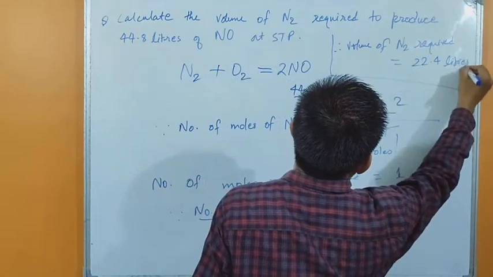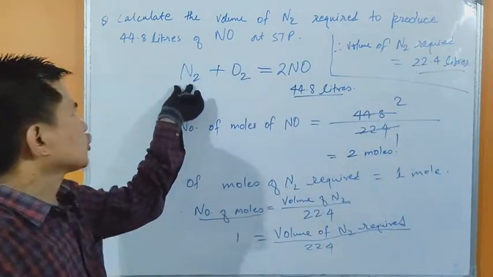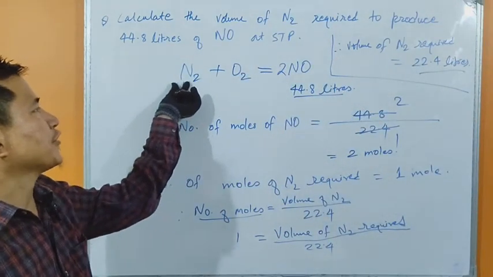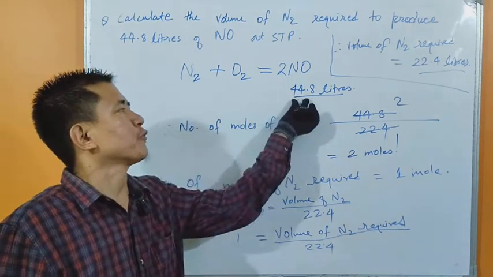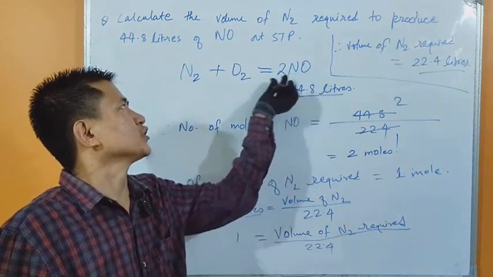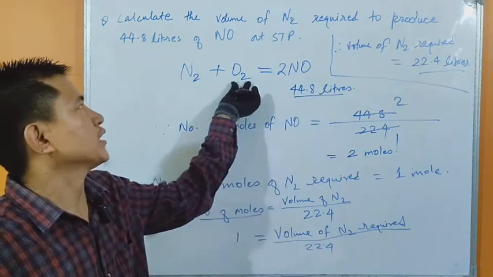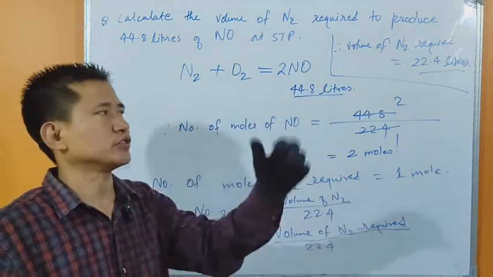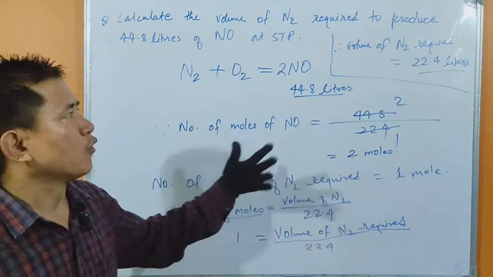Okay, this is the solution. 22.4 liters of nitrogen produces 44.8 liters of nitric oxide gas when completely combined with a sufficient amount of oxygen. This is the way we solve.